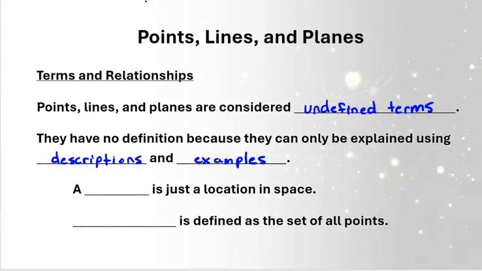A point is literally just a location in space, and space is defined as the set of all points. And so even if we thought about, let's say, outer space, a planet would just be a point in outer space. That means that space is also infinite, and it has an infinite number of points.